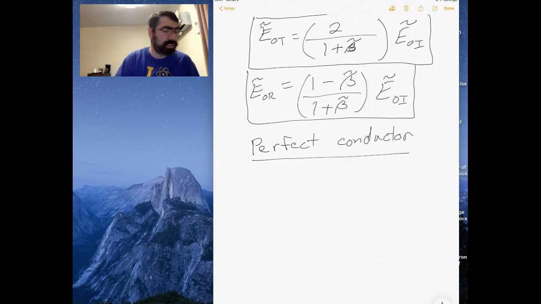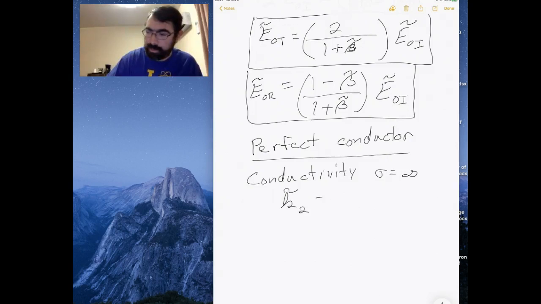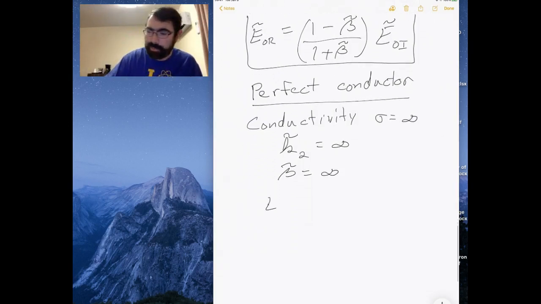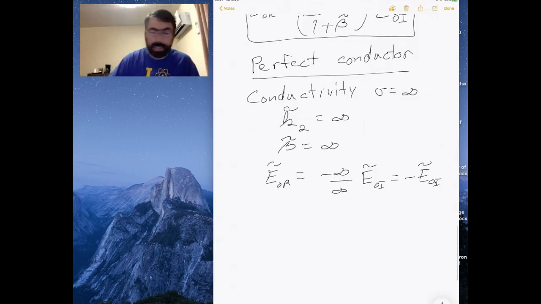With a perfect conductor, the conductivity is infinite, k2 tilde is infinite, beta tilde is infinite, and that means that my reflected amplitude is minus infinity over infinity times the incident. So I have minus the incident amplitude, which means that the transmitted amplitude is 0. It is a perfect mirror.